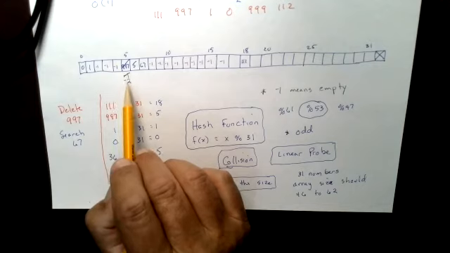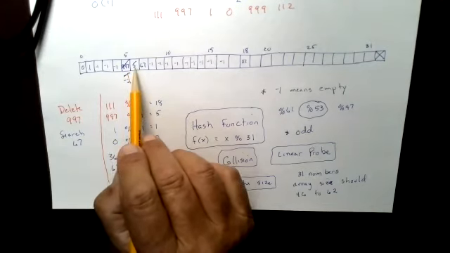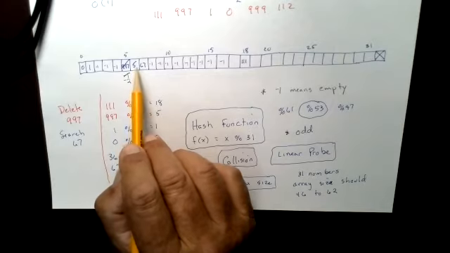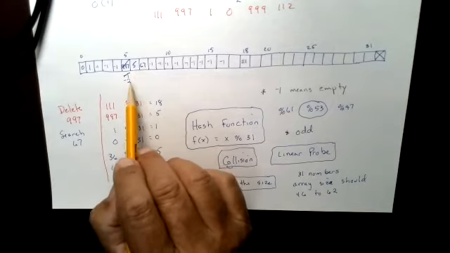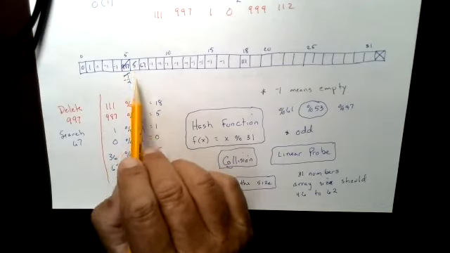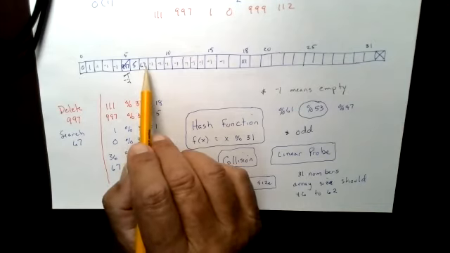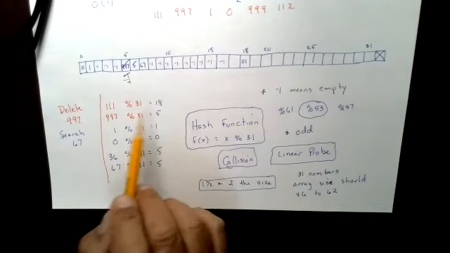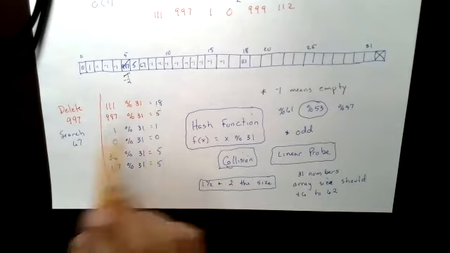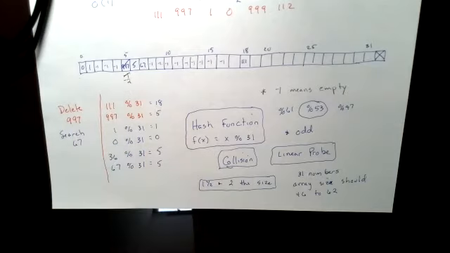But because it's a -2, I'm going to do a linear probe to search to see if the number's in there. So now if I do a search for 67, it's not -1, move on. It's not 67 or -1, move on. It's 67, I'm done. So we've now come up with a way to handle delete. If I delete something, I need to put this -2 in.